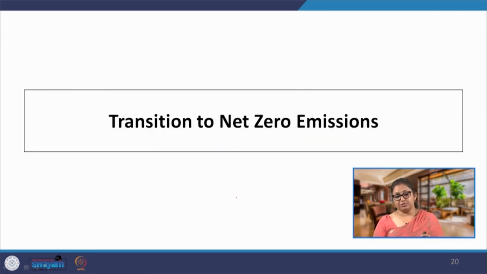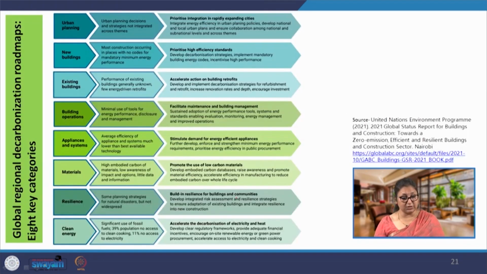Now, if we have to transition the building and construction industry to net zero emissions, then we have to act. There are certain aims that we have to set for each of these activities. As I said, urban planning, new buildings, existing buildings, they are all party to how the buildings will perform, what will be their energy consumption and emission intensity.